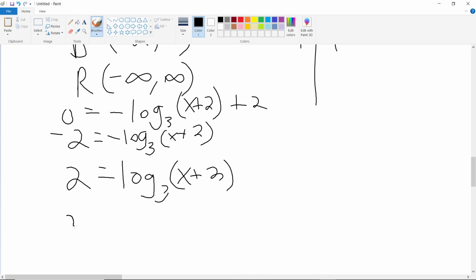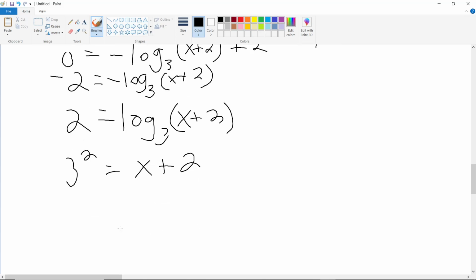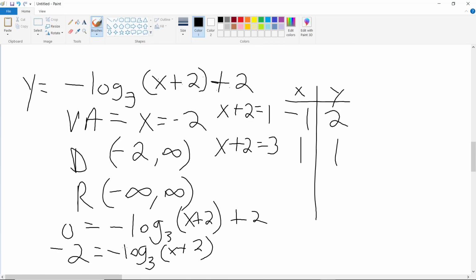And then this is going to be 3 squared equals x plus 2. 9 equals x plus 2. 9 minus 2 is 7. X equals 7. So when x equals 7, y equals 0.